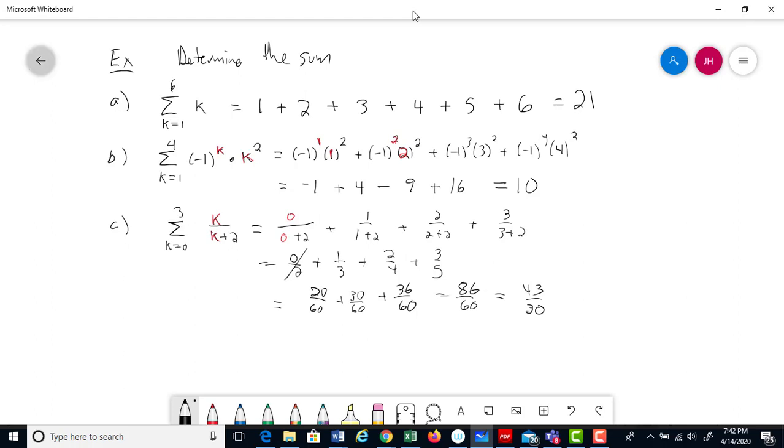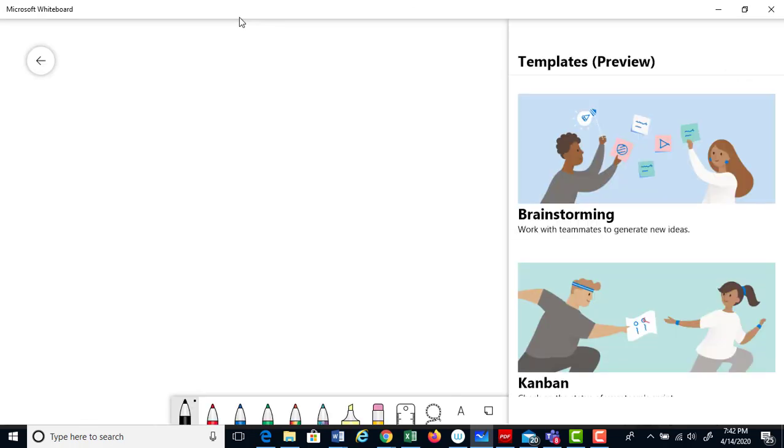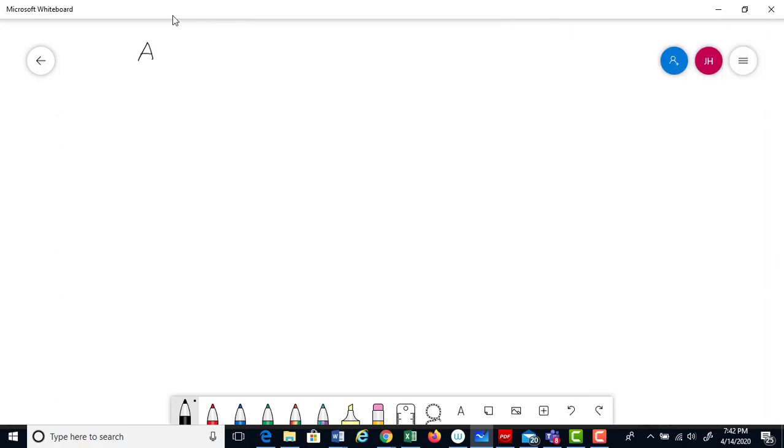Alright, so there are some rules for summations. What is nice is these are very similar rules that we've already seen before. One, sum rule.